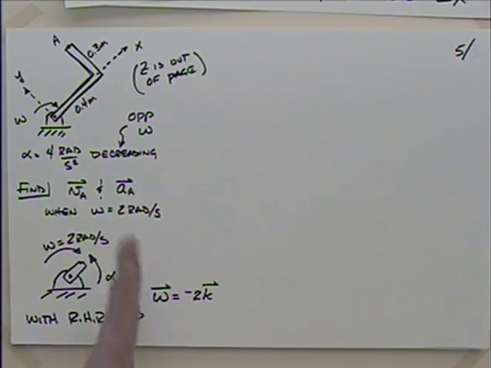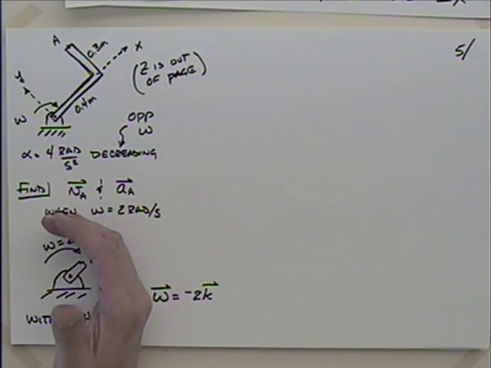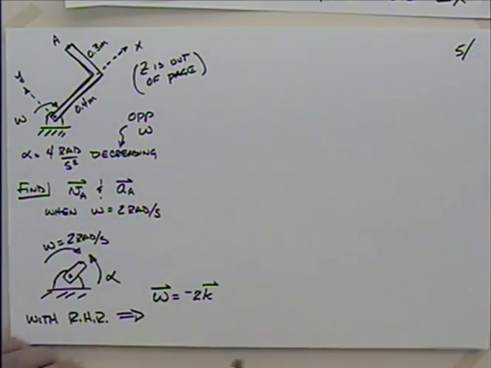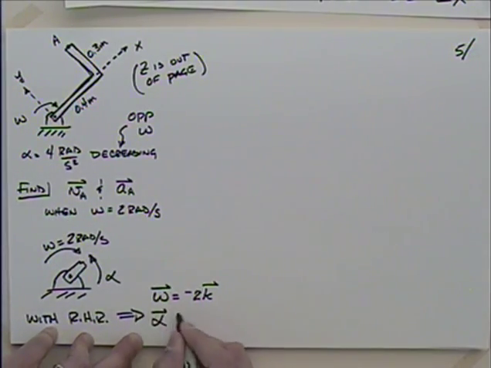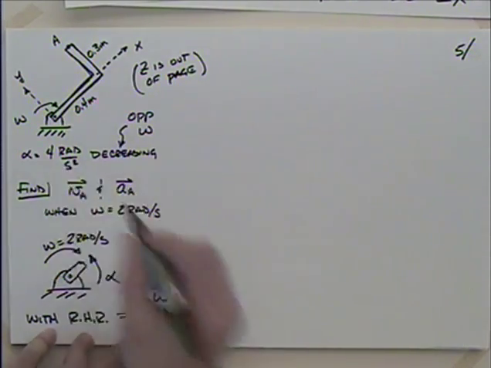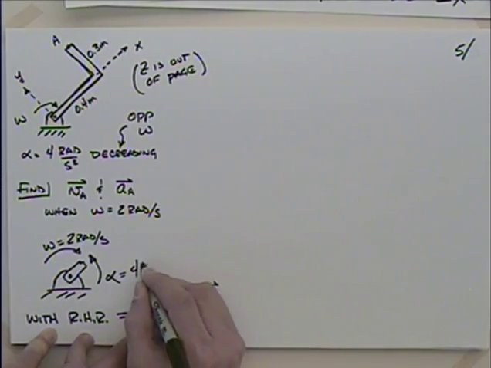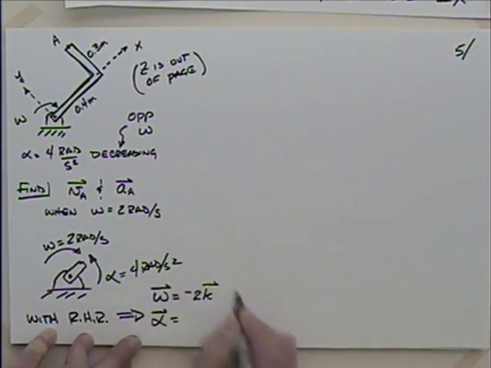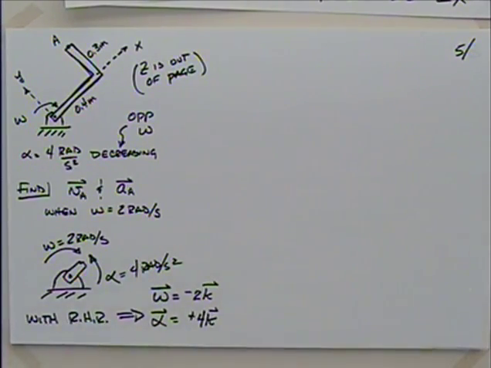What about alpha? Put your fingers in the direction of alpha. Which way is your thumb going? Out of the page. So what's alpha going to be in vector form? Let's see, they told us it was 4 radians per second squared, so it's going to be positive 4k, isn't it?